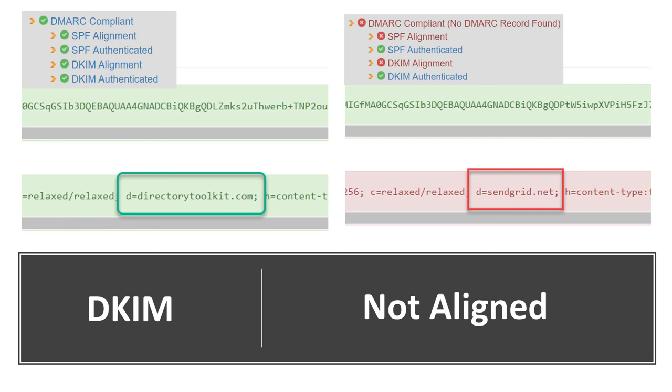They actually changed the from address to my domain. So that's going to pass DMARC compliance because you see all greens. This is, I think, from SendFox that I set up and sends things out. It sends from directorytoolkit.com, and I get all greens because it passes DMARC. DMARC looks to see that my from address is the same as the sending address.